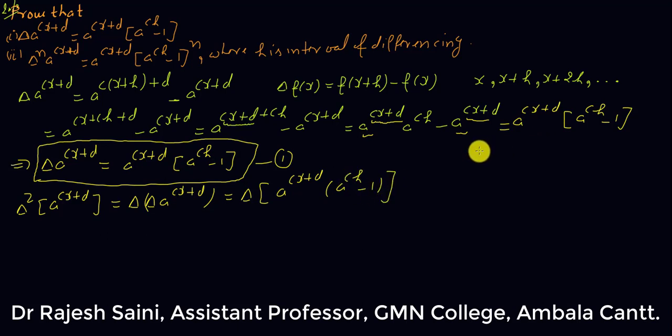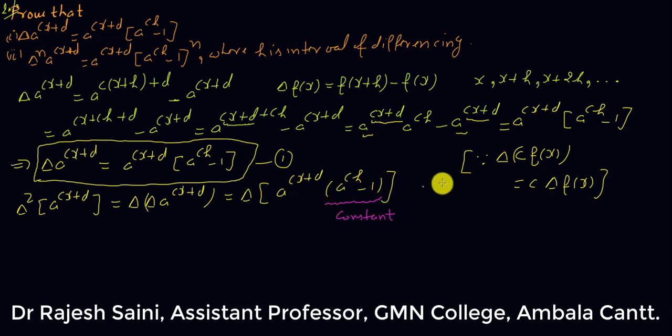We have studied in the properties of the operator that delta of c f of x is equal to c delta f of x. Using this property over here, this whole thing a raised to the power ch minus 1 is a constant quantity, so it can be taken outside of the forward difference operator.